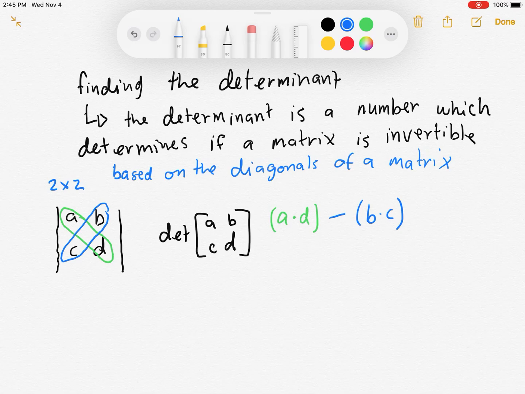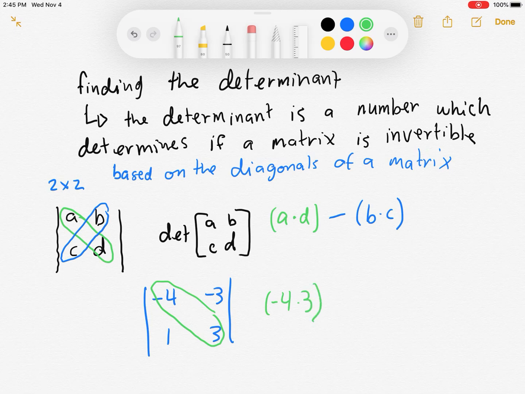We'll do an example with numbers. This is number 5 from your homework. We have -4, -3, 1, 3. Well, our main diagonal is -4 times 3.